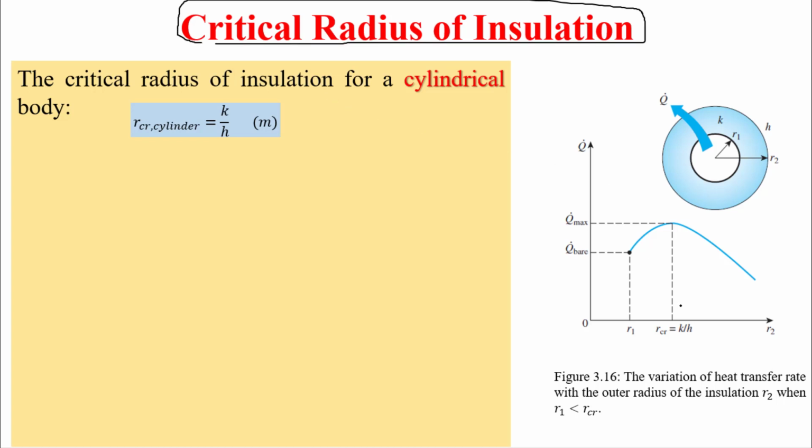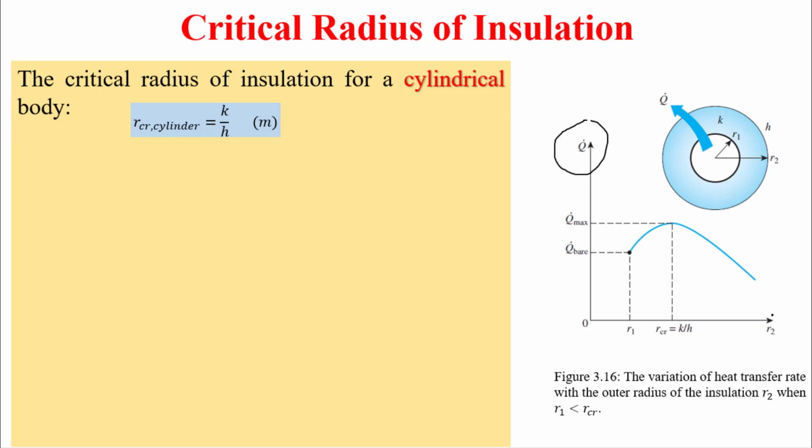So take a look here. Here we have Q, and here we have the cylinder. The cylinder in black color, and the one in the blue color is insulation. Okay. Now, here Q is lost from inside to outside.